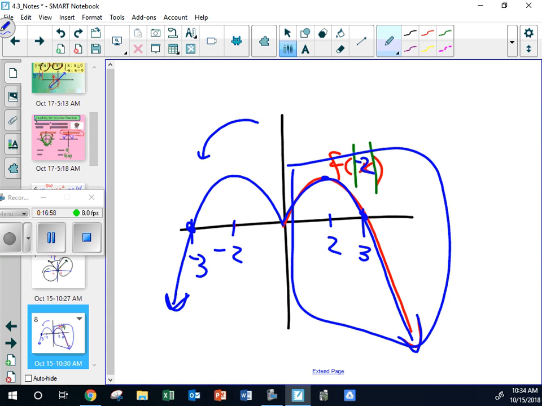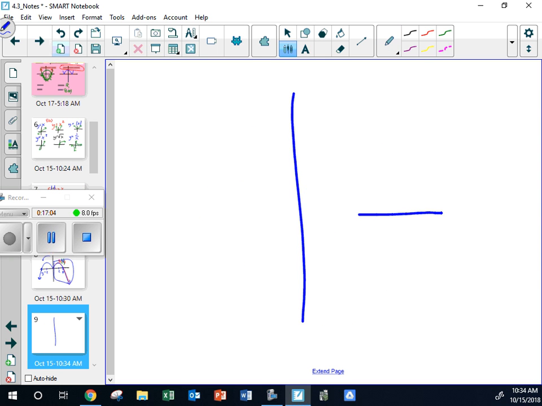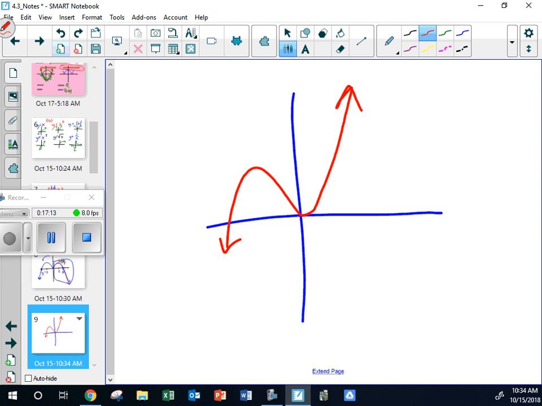You just need to learn the shortcut, which is this. When I give you a graph like this, if you're absolute valuing the outside, that's the y stuff, right?